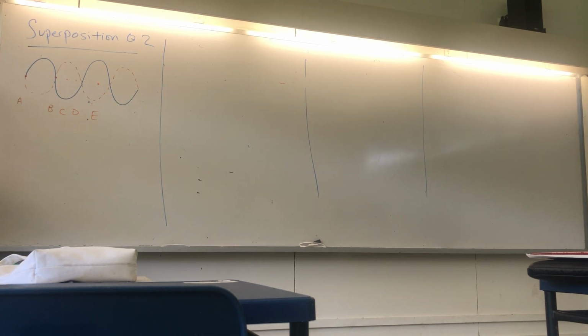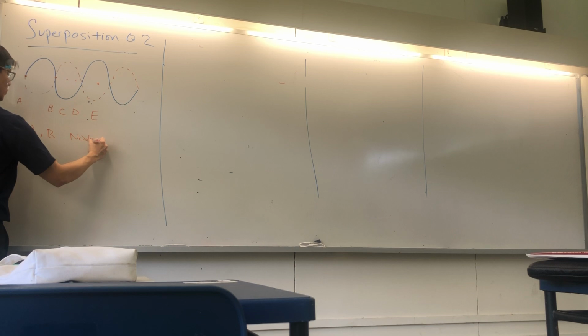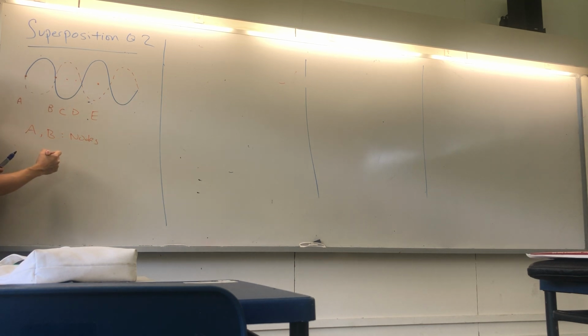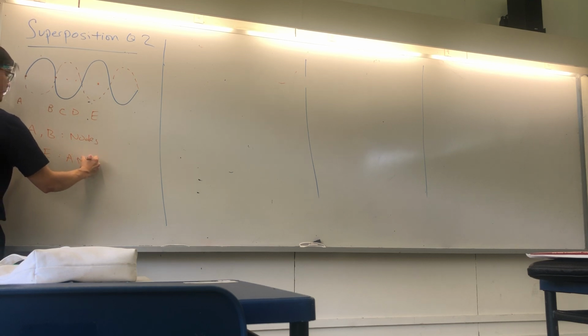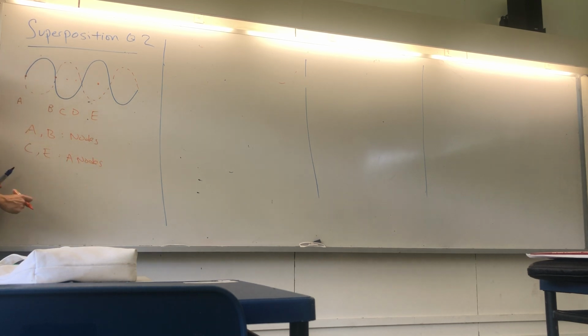So which are the nodes? A and B are the nodes. Which are the antinodes? C and E are antinodes. So D is neither a node nor an antinode. D is just another point that's oscillating.